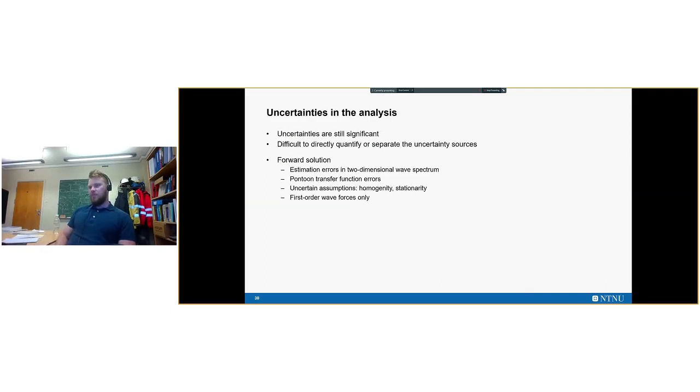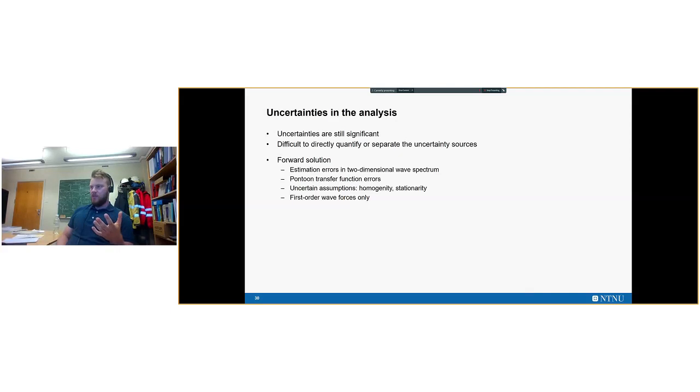And there are plenty of uncertainties in the analysis that are difficult to quantify directly. But for the forward solutions, we have the estimation errors in the two-dimensional wave spectrum. We also have some unknown or uncertain transfer functions for the pontoons.